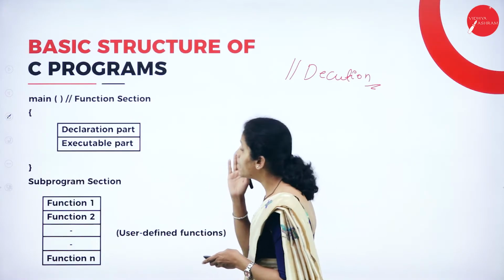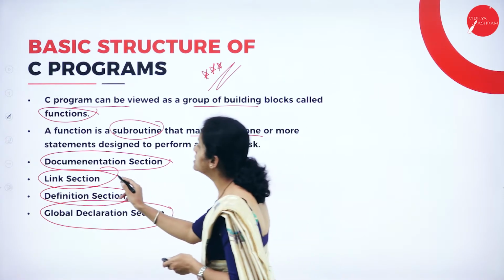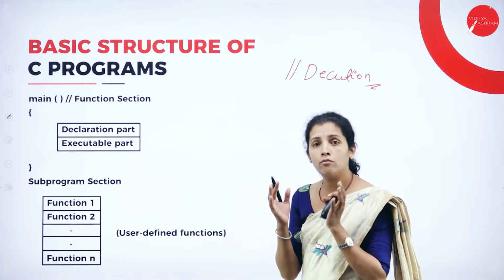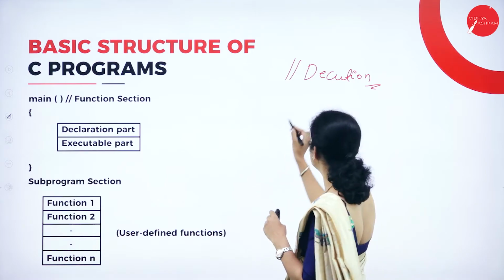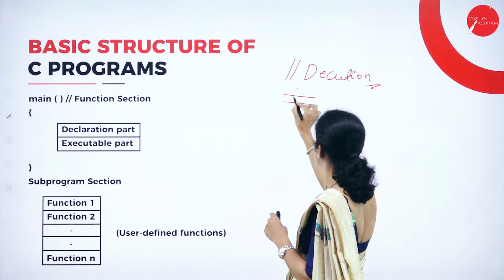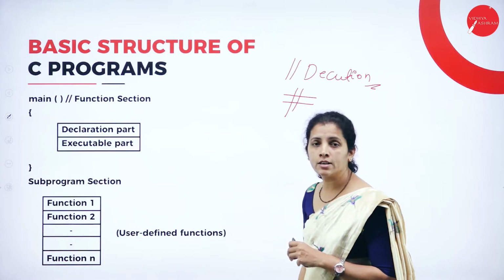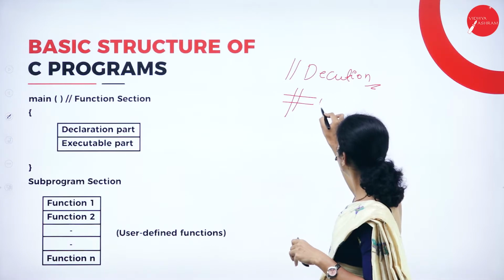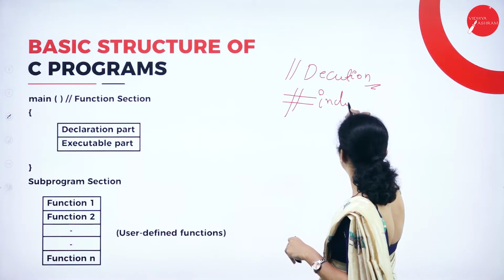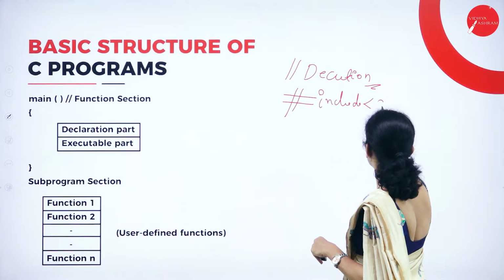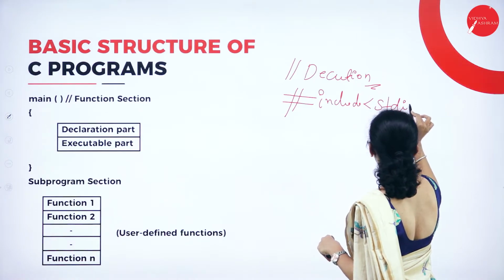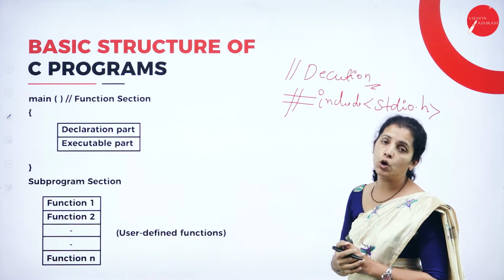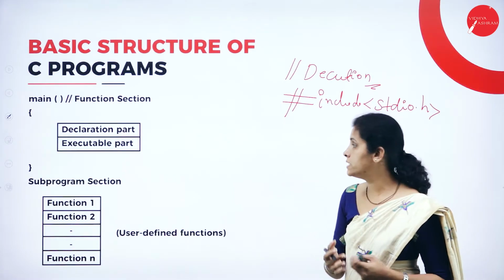After that, what is my next section? That is the link section. It contains the header files I want to include, and it starts with #include stdio.h, #include conio.h, math.h, etc.